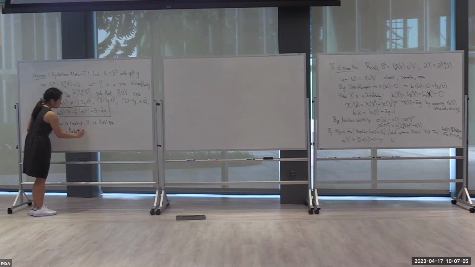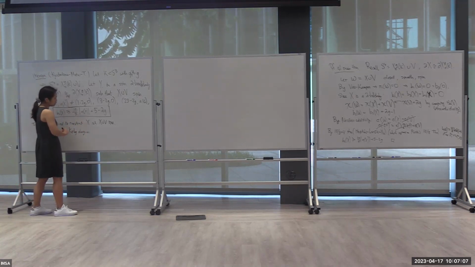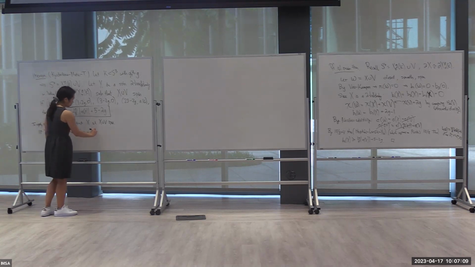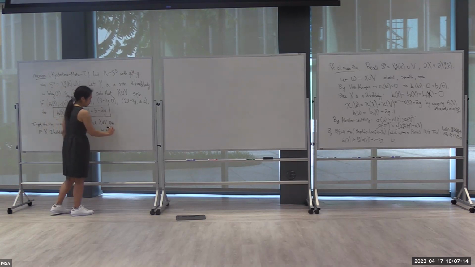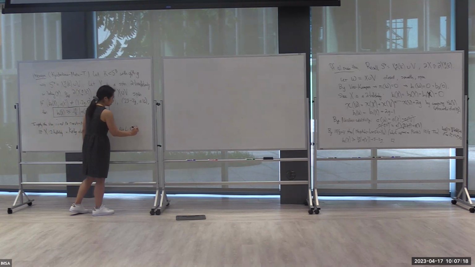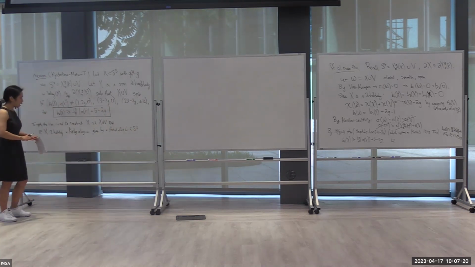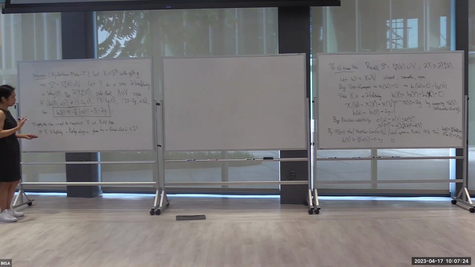So X is a 2-handlebody. Its Kirby diagram can be given by a framed link L in S3, which tells us how to attach all of the 2-handles, or all of those copies of D2 times D2, to the boundary of the D4.